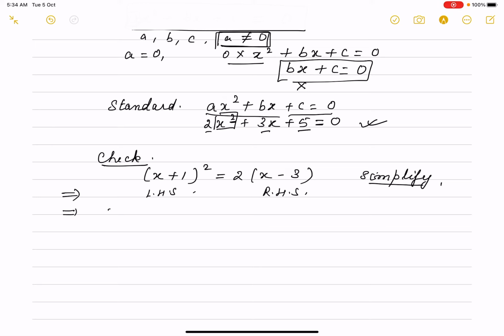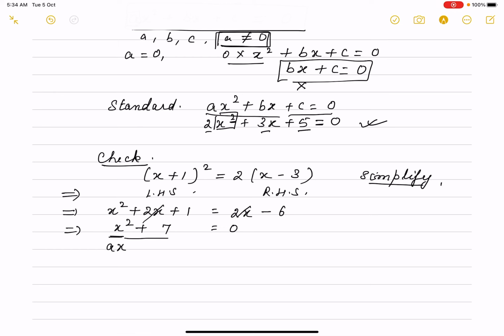So if we simplify it, it is x square plus 2x plus 1 is 2x minus 6. That will be x square, 2x and 2x will be cancelled, and we have x square plus 7 equals 0. So here it is in the standard form.